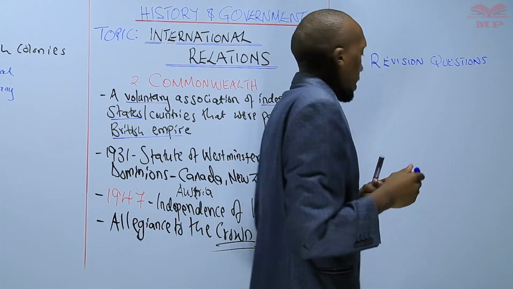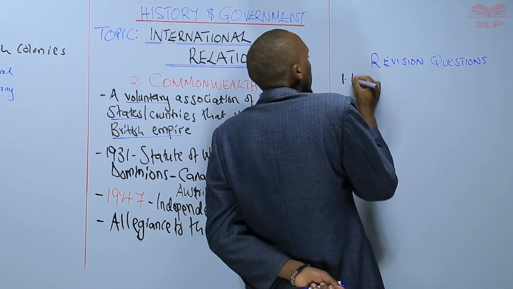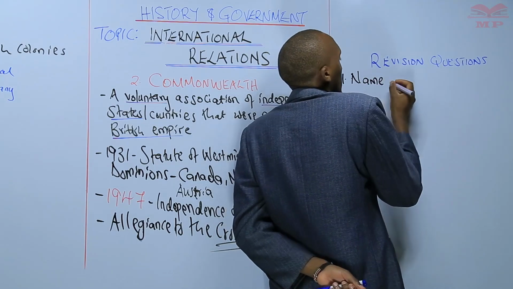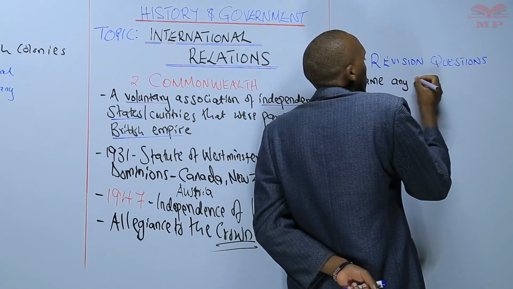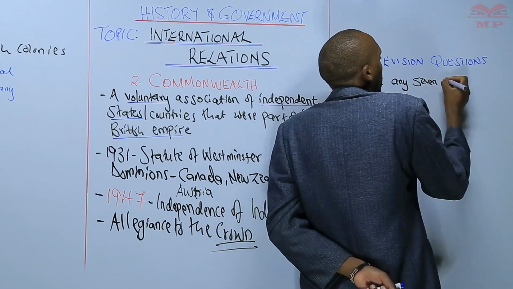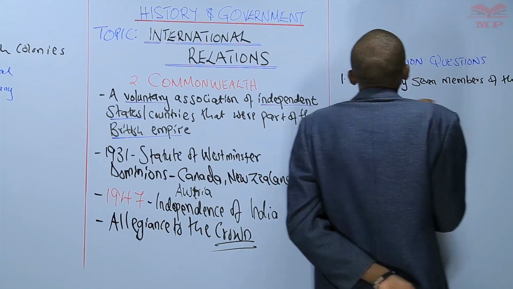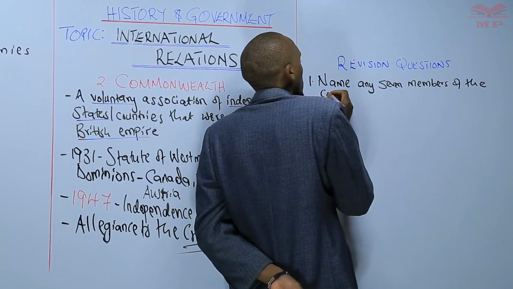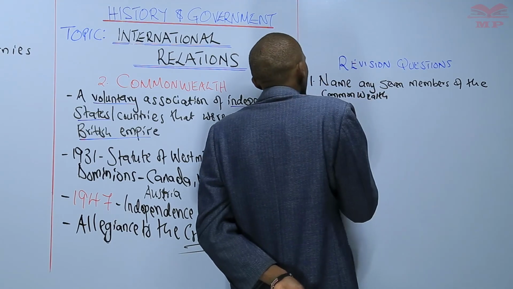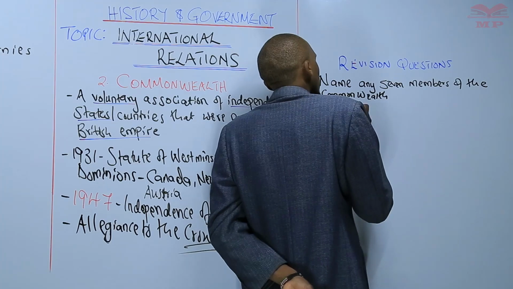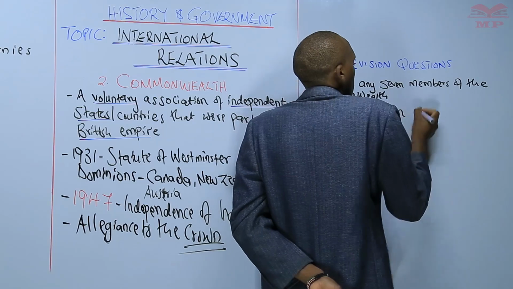Revision questions. Number 1, name any 7 members of the Commonwealth. Number 2, define the term Commonwealth.